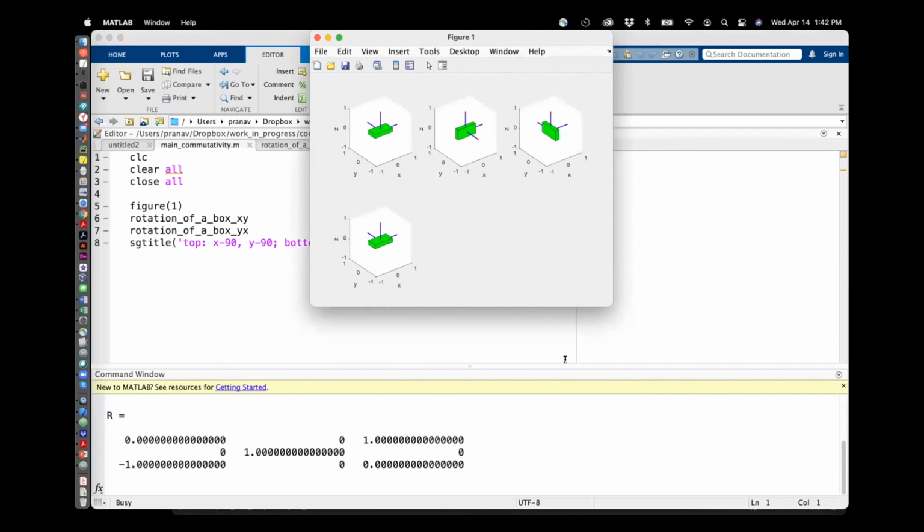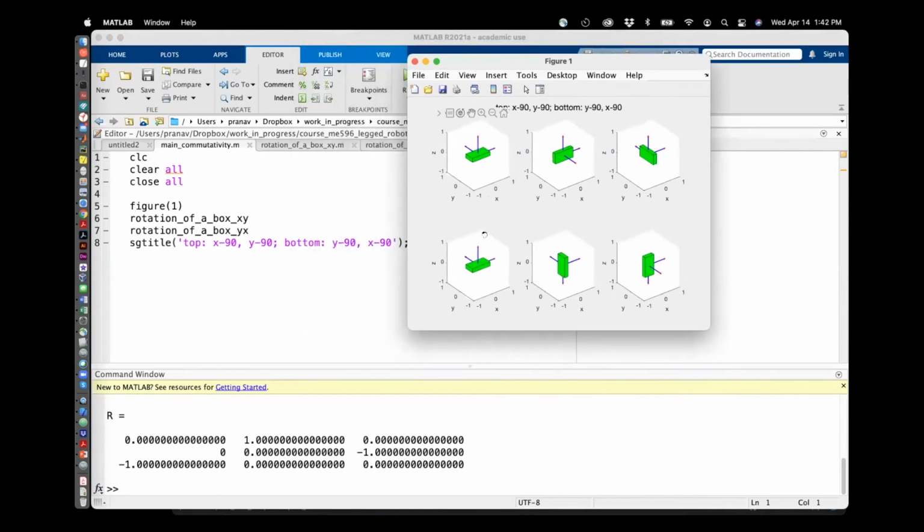It basically shows what happens if you do, so it started, so this is the same thing I did on paper, right? I showed you 2 rotations, first about X, then about Y, and then about Y, then X, just to show you that they're not commutative. I start with the same configuration, then it undergoes rotation about the X-axis by 90 degrees.